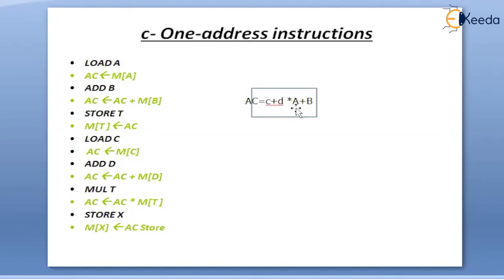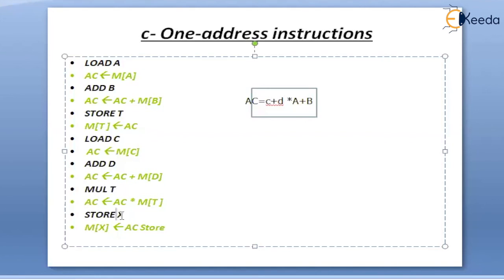Now the product is already available in the accumulator. Finally, this product needs to be transferred to X. So for that, we execute, as you know, a store instruction, because the store instruction will make a transfer from the accumulator to this X, the variable which is available in the instruction. Finally, X is equal to A plus B into C plus D is performed.